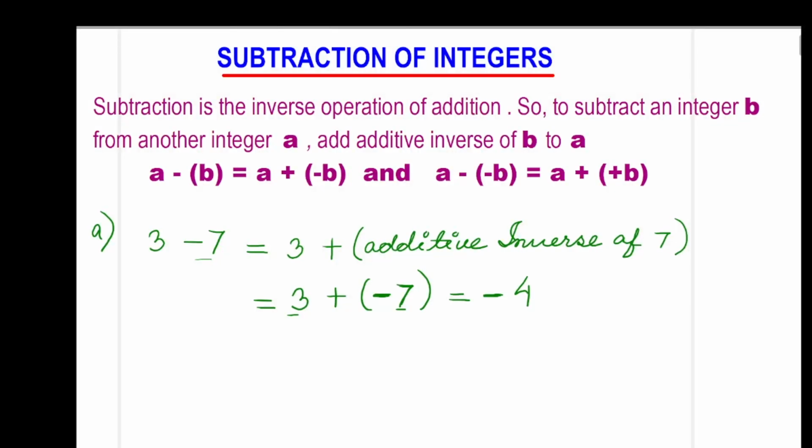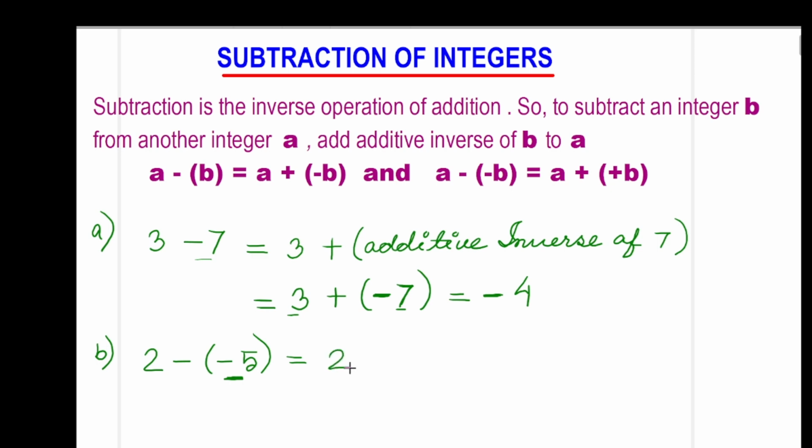Okay, one more, b, 2 minus minus 5. Now see, here it is within the bracket, it is minus 5. Minus 5 means what? How can we write?